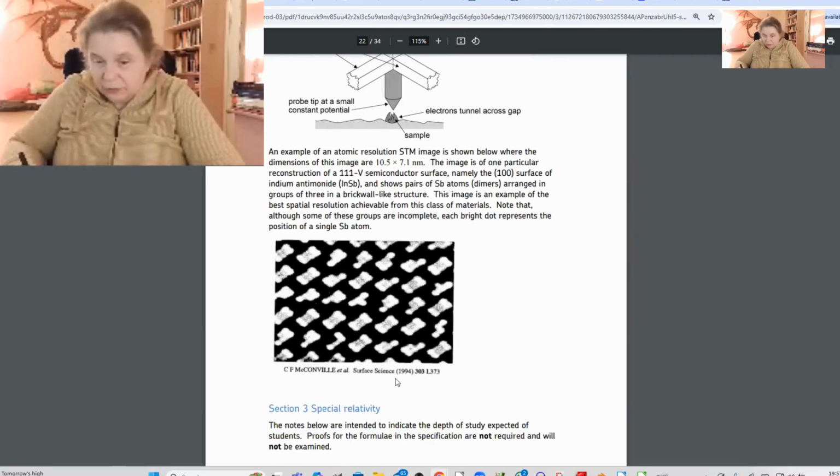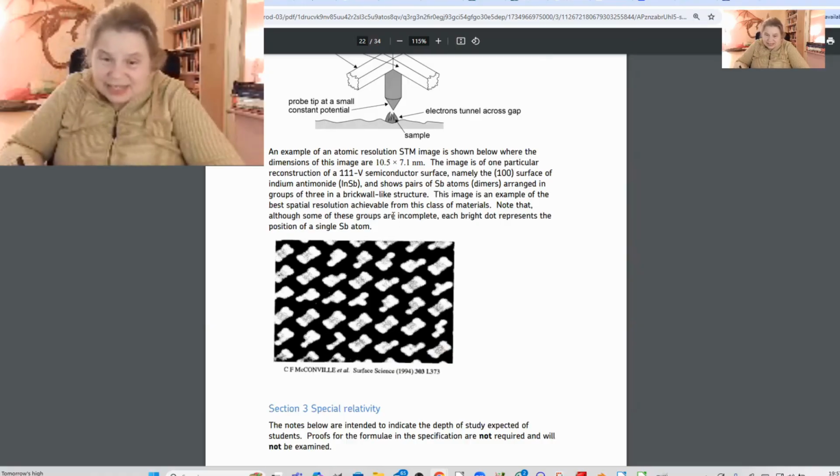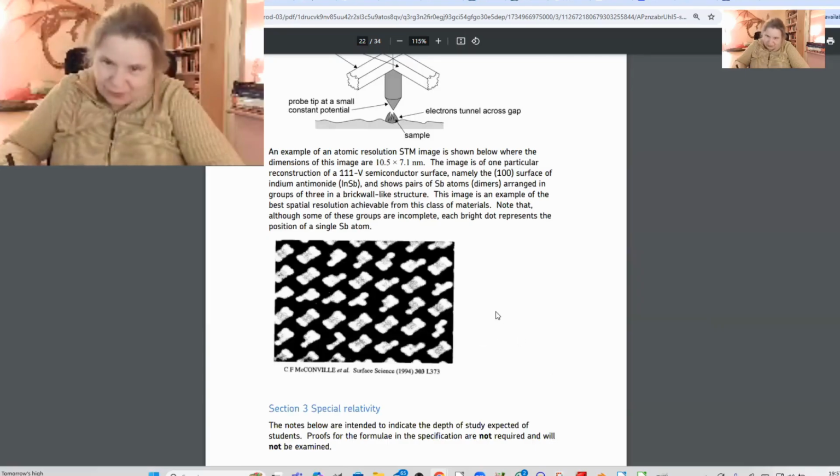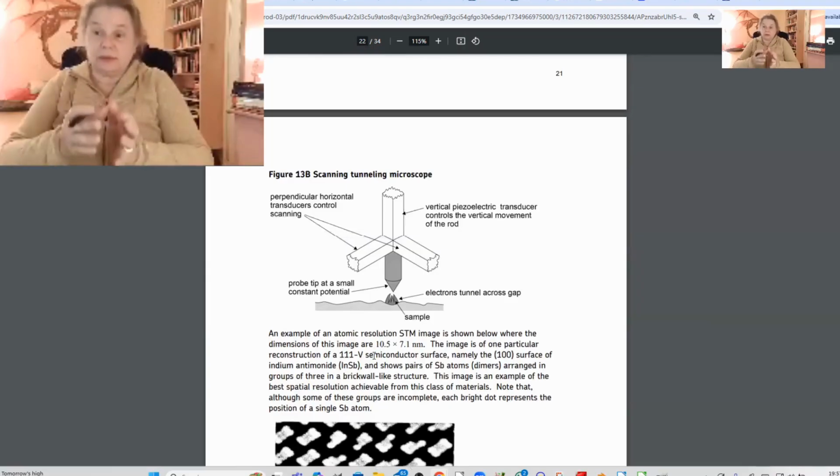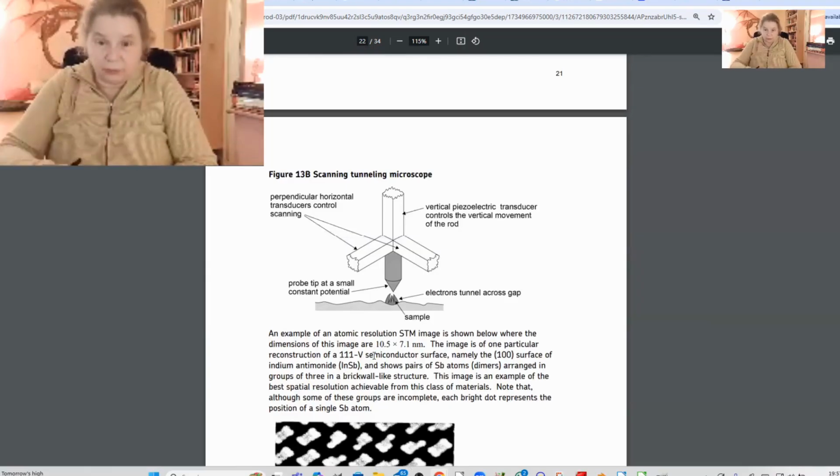So this was from 1994. It happens to be a semiconductor surface, a compound semiconductor of indium antimonide, InSb. Why would you choose that? But there you go. Anyway, that is the bit on microscopes, electron microscopes.